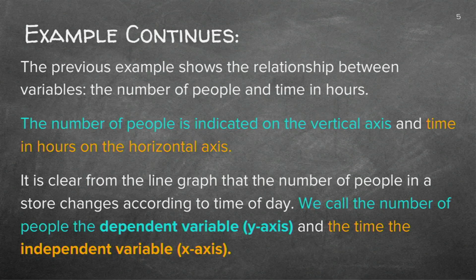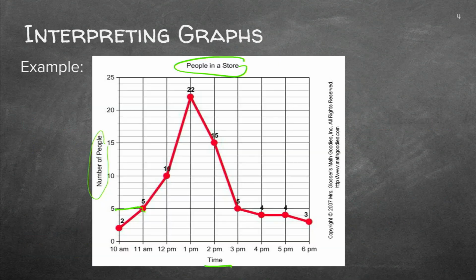It is clear from the line graph that the number of people in the store changes according to the time of the day. So we call the number of people the dependent variable, and the time of the day the independent variable. Let's look at it again.